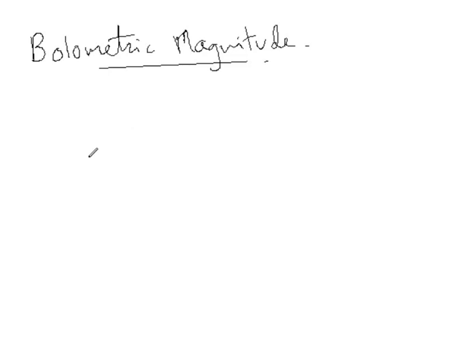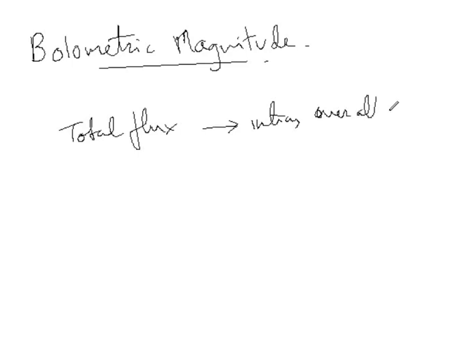It is also useful to have a measure of the total flux, which is something integrated over all wavelengths. The magnitude corresponding to this flux is known as bolometric magnitude.